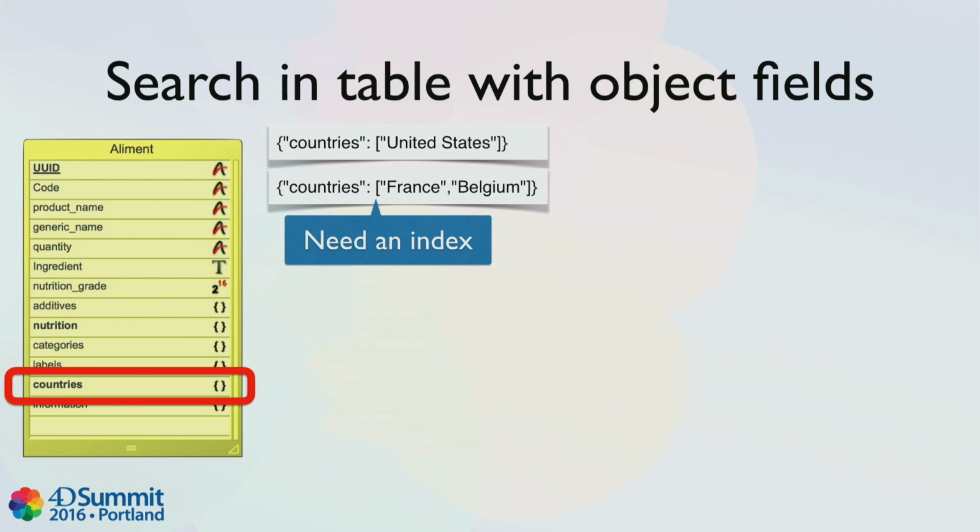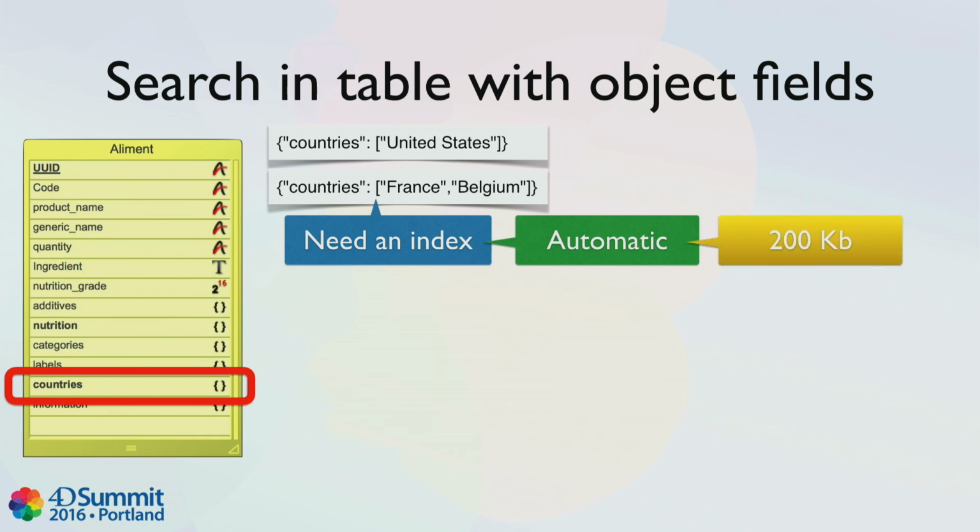And with object fields, we don't have a choice. It's automatic. Maybe I prefer to change this word because, for me, it's magic. And it's only 200 kilobytes.